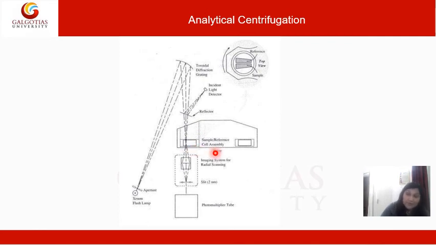We will have some change in the intensity of the light that passed through the reference, and the light that passed through the sample. In this way, we can detect what type of cell organelles has been taken as a sample by comparing the light intensities of reference as well as sample.